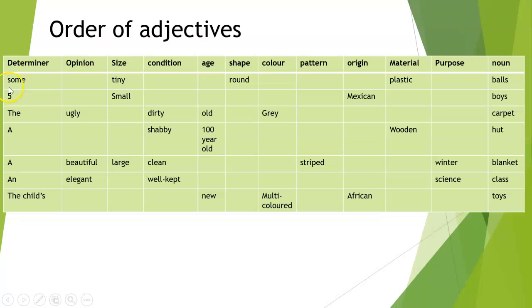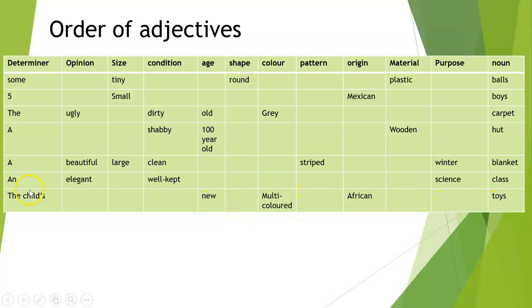And then this determiner is talking about who the toys belong to, the child's toys. And then these will be the things that will describe the toys.